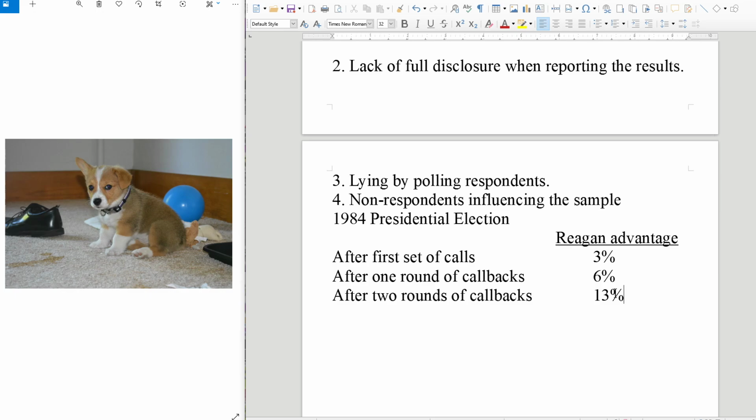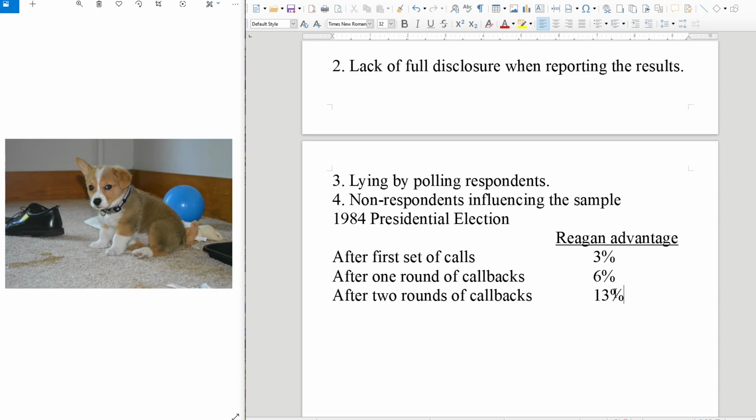Now, the first year that the 3 networks decided to use exit polling was 1968, and CBS refused to use it. They did the traditional thing and waited for the votes to come in. But ABC and NBC decided in 1968 they were going to report the results using exit polling.